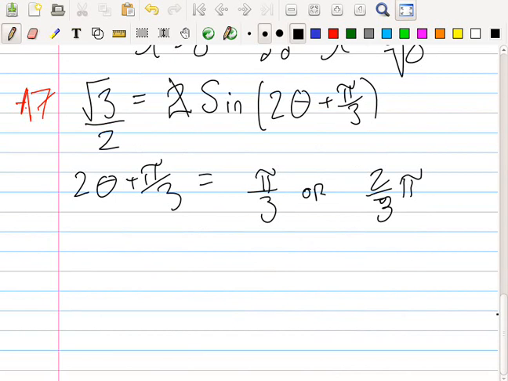Now, how many answers should there be? Look at the question. How many answers should there be? 4 answers. And how many do I have? 2. So to make more answers, I'll just add and subtract 2 pi.